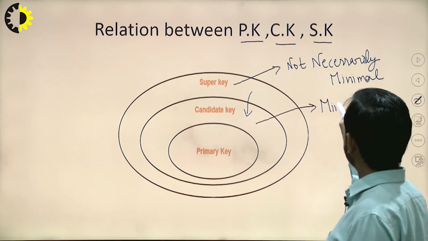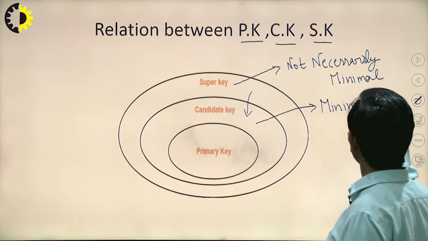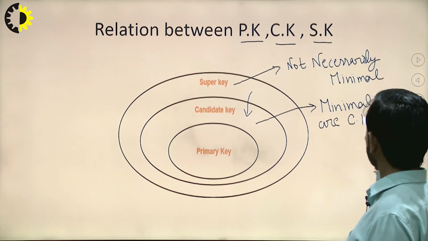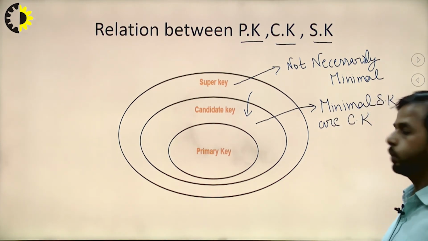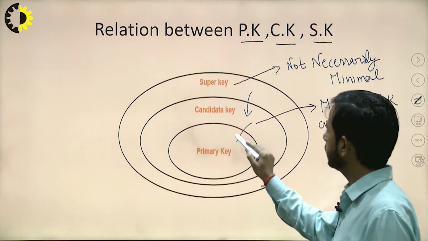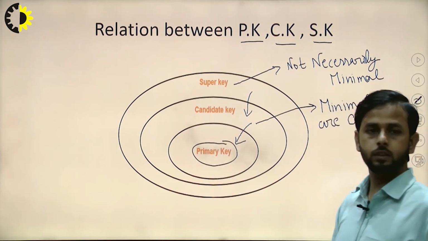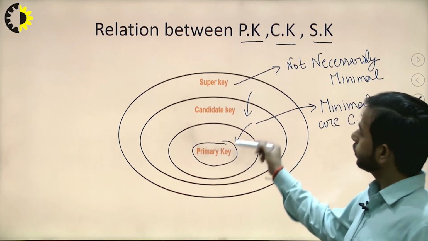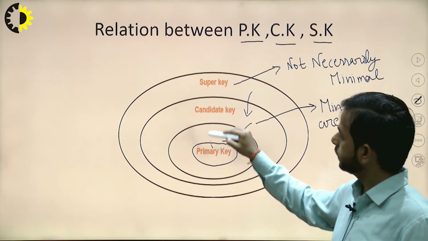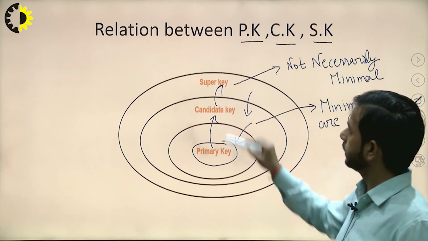So minimal super keys are candidate keys, and from many candidate keys, one of the keys is selected as the primary key. Every primary key is a candidate key, and every candidate key is a super key.